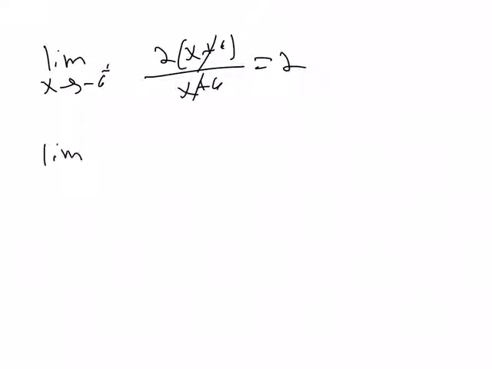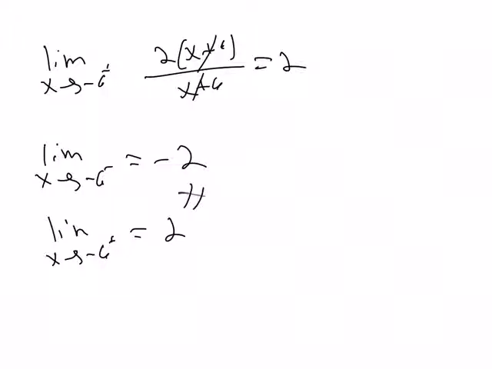So again, we have the limit as x goes to negative 6 from the left is equal to negative 2, and the limit as x goes to negative 6 from the right is equal to 2. These don't equal. And so the limit does not exist.